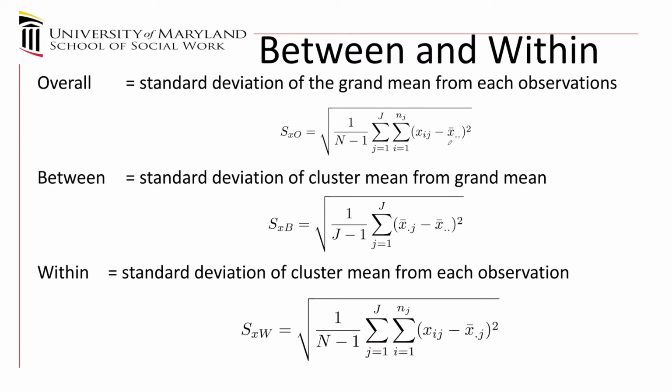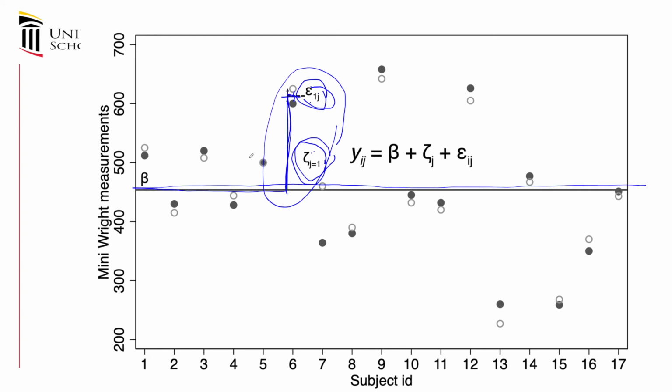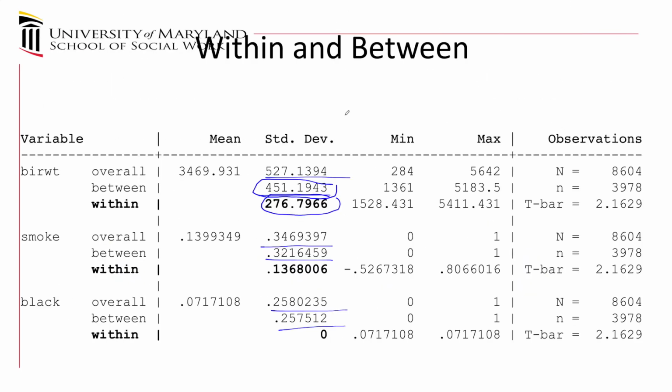So this is that overarching mean. If we think back to this figure right here, this is our grand mean. It's the mean over all of the observations. This is the deviation between our group and the grand mean, and these are the deviations between our group mean and the individual observation. And we're just going to separate all those out in terms of the between variance and the within variance here.